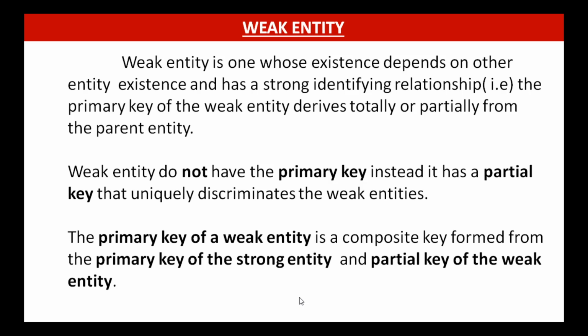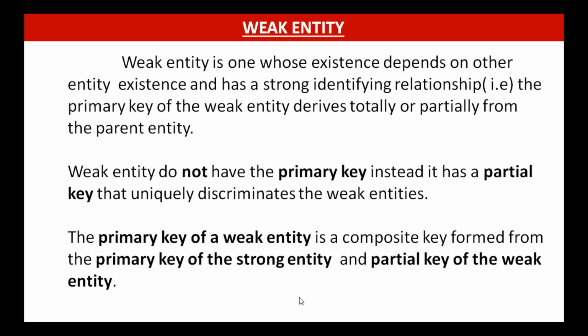Coming to the weak entity. A weak entity is one whose existence depends on another entity's existence. That means a weak entity is an entity set that does not have sufficient attributes for unique identification of its records.